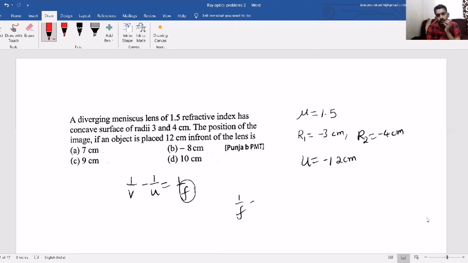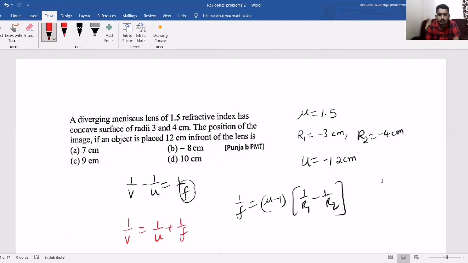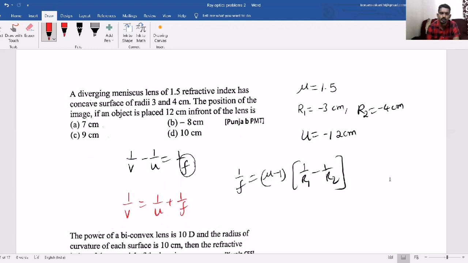Where 1 by F for a lens is given by mu minus 1 into 1 by R1 minus 1 by R2. So what you have to do here is substitute R1, R2 given, mu given, then you will get the 1 by F value. Then 1 by V will become 1 by U plus 1 by F. So first you will get the 1 by F value, then the U value is given, then substitute and try to do it.